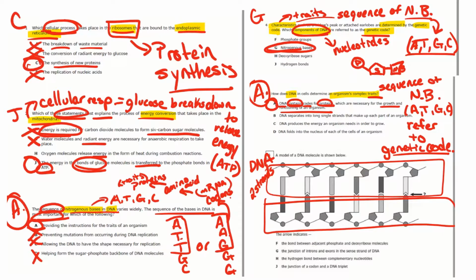Okay, and each strand has its sequence of nucleotides with the nitrogenous bases. So what makes up a nucleotide? So let's go over that. Nucleotide has a phosphate, a sugar, and a nitrogenous base. Okay, so in other words, this is one nucleotide, this is another, another, and so forth.